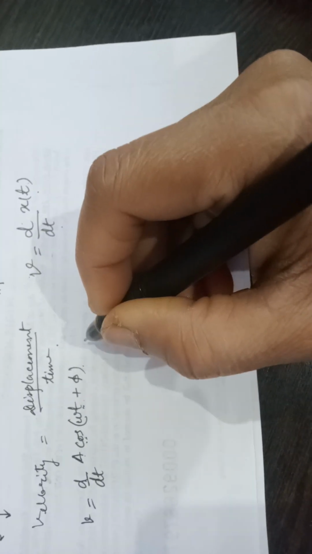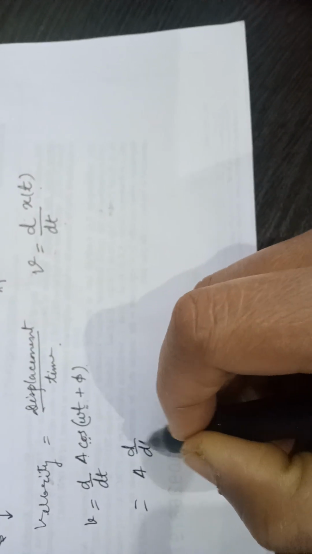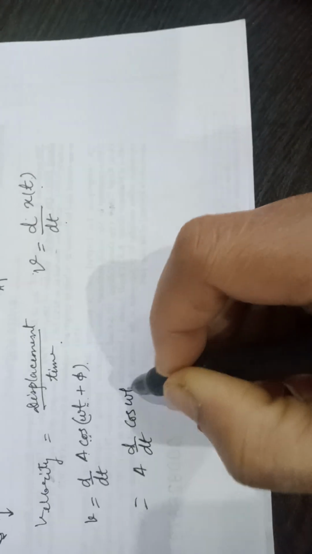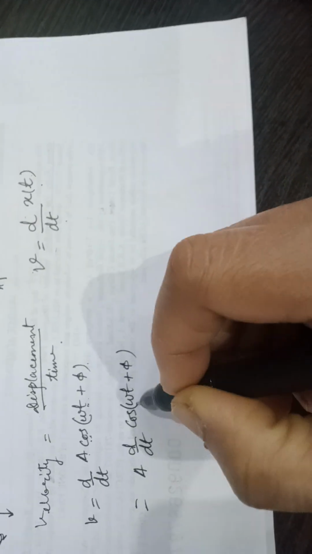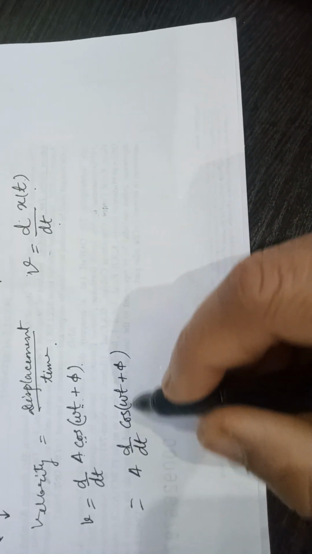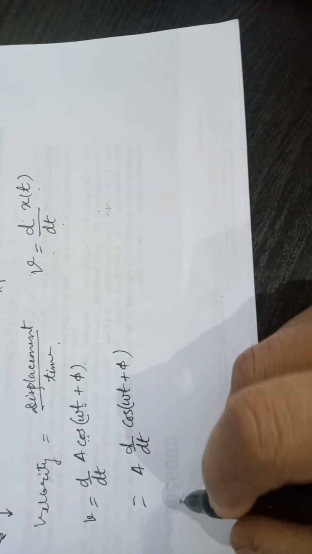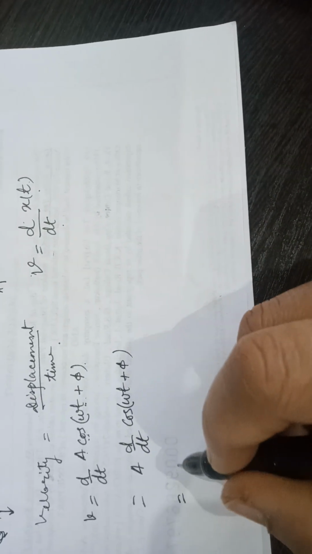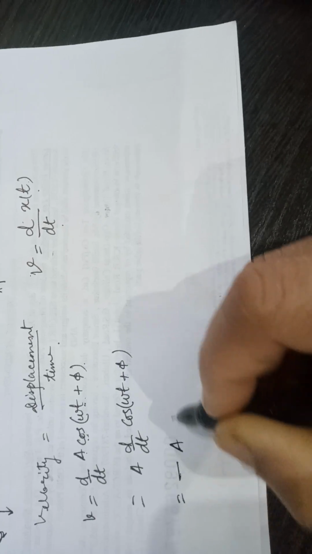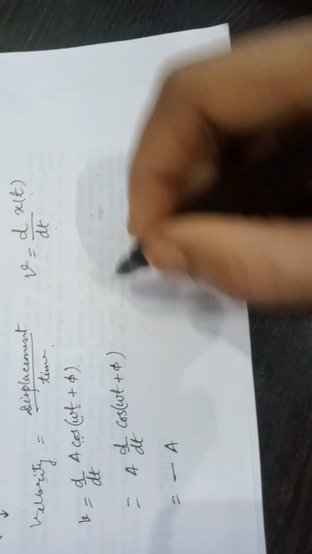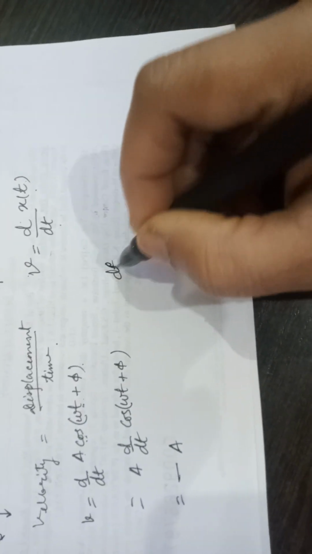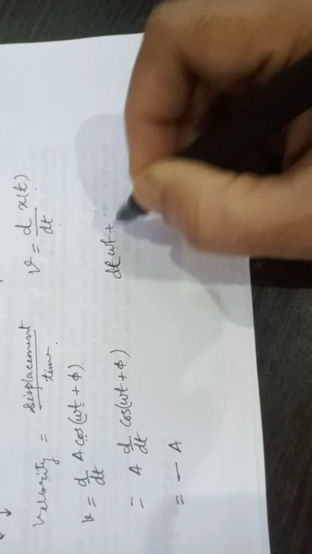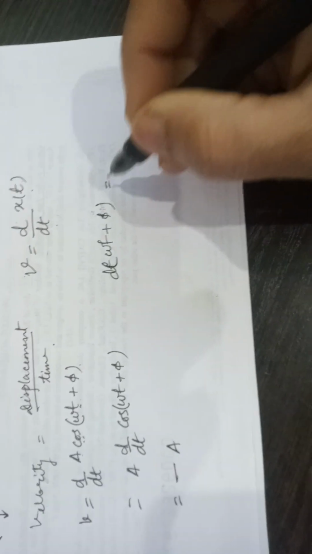So v is equal to a times differentiation of cos(omega t plus phi). Okay, so when we differentiate cos, we will get negative value of sine. So minus sine, a, and differentiation of (omega t plus phi) becomes what?